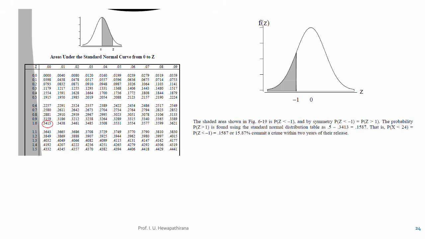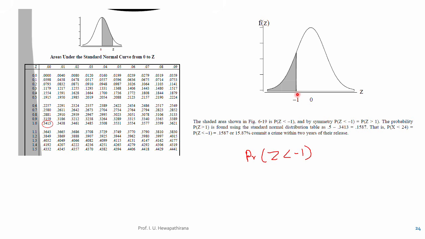Without using Excel also, we can solve this problem. What we can do is, we first convert the X value into the Z value. So we are interested in finding the probability that Z is less than -1. And then we use our standard normal tables to get the value. So the probability that Z is less than -1 is given in this area.